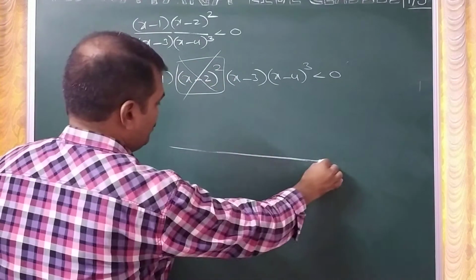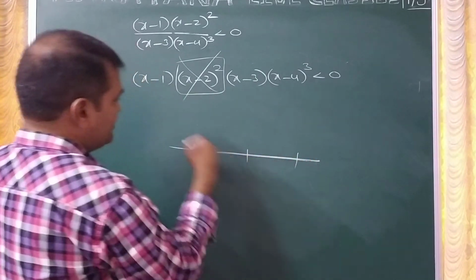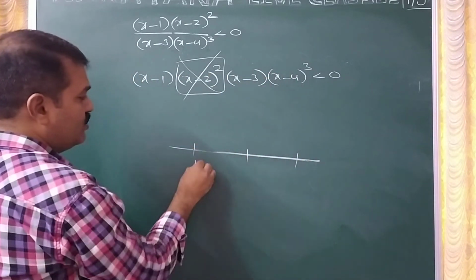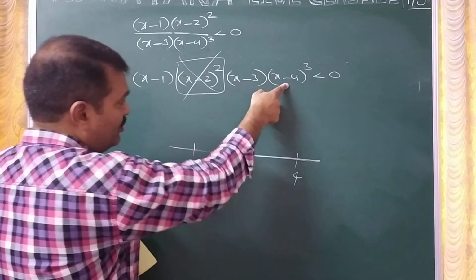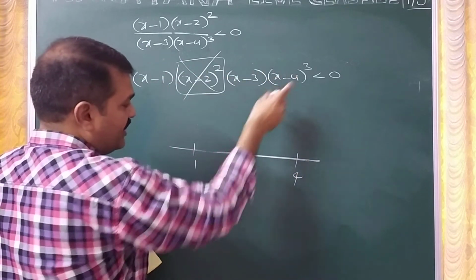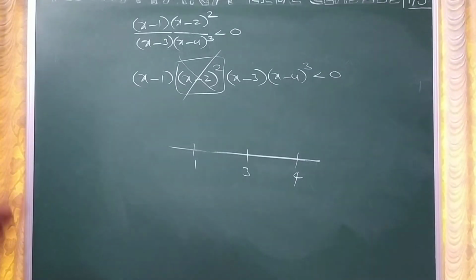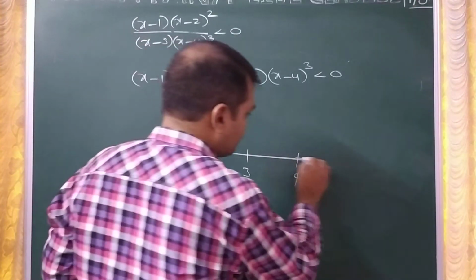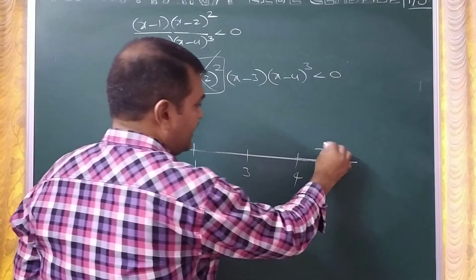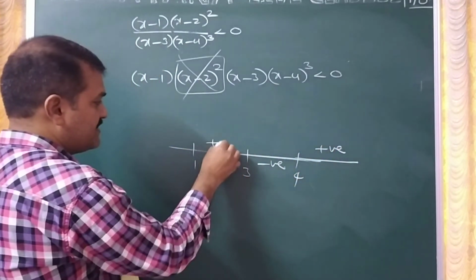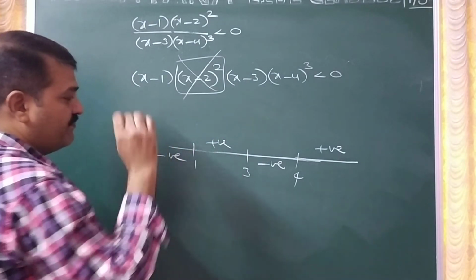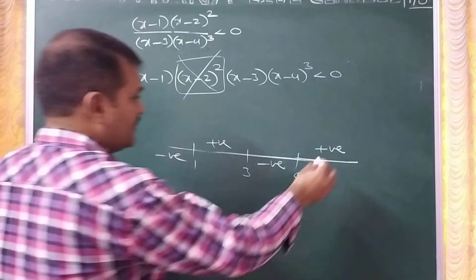For the remaining terms, if each term is taken as 0, you get 1 here, 3 here, 4 here. Mark the points in ascending order like this. Alternately, from right to left, starting from the positive symbol, you mark like this.